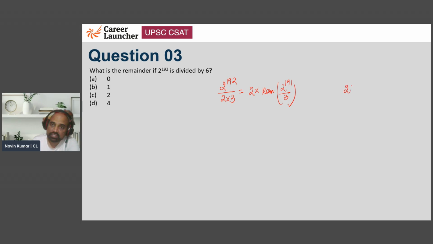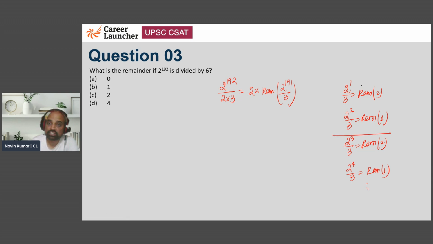Now, 2 to the power 1 divided by 3 gives the remainder 2. 2 square, which is 4, divided by 3 gives a remainder of 1. 2 cube, which is 8, divided by 3 again gives a remainder 2. 2 to the power 4, which is 16, divided by 3 again gives a remainder of 1.